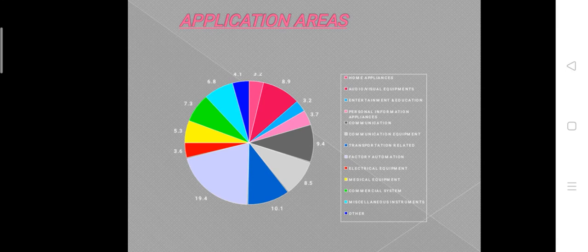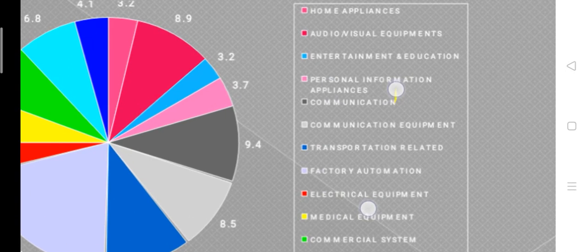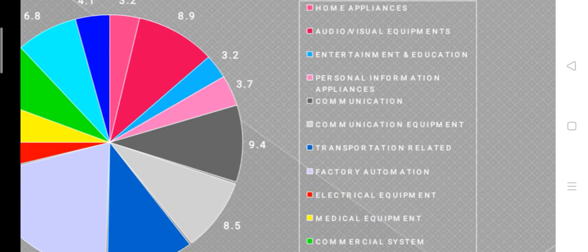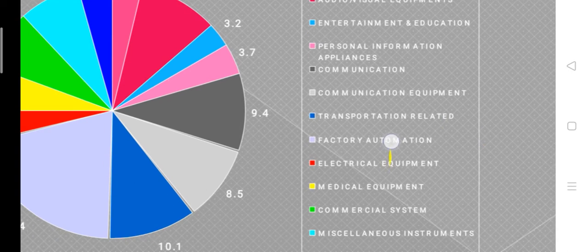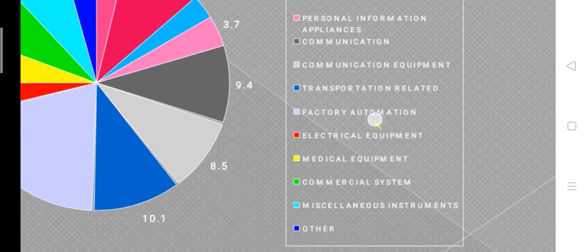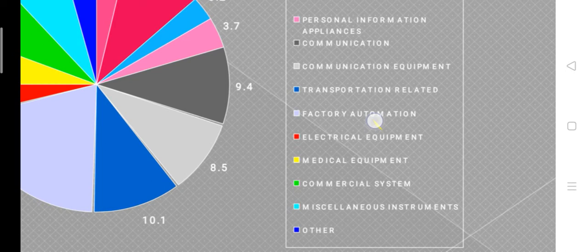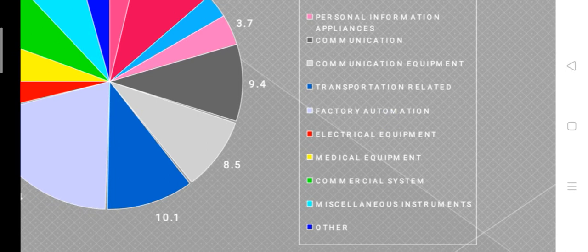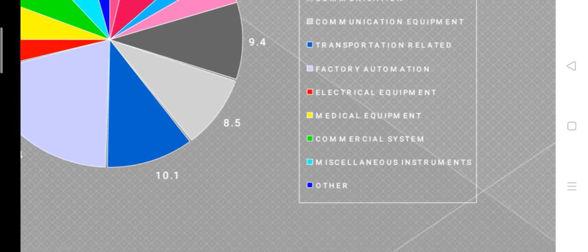So, if you compare those application areas, you may find it in home appliances, audiovisual equipment, entertainment, education, personal information appliances, communication equipment, transportation related facilities, factory automation, electrical equipment, medical equipment, commercial systems, miscellaneous, and others.